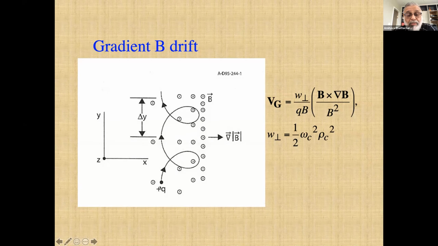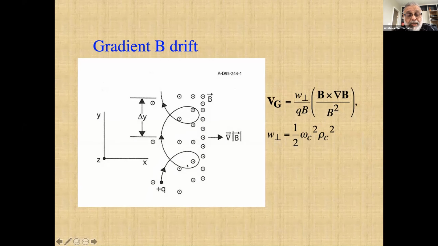So pictorially, imagine a charged particle coming in and trying to wind its way around in a cyclotron orbit. But while it does so, it's not seeing a constant magnetic field, but a gradually increasing magnetic field to the right. So the cyclotron orbit actually has a larger radius on the left than on the right.